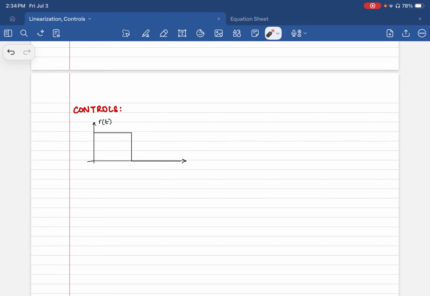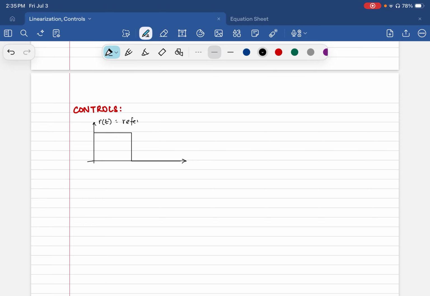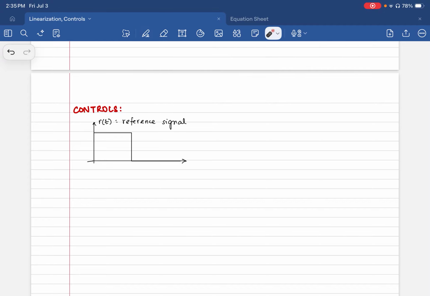Let's say your output variable is x of t, and this signal here is called the reference signal. This is what we want our x of t to be. So we know that if the system does this kind of behavior, then we are achieving some reward or we are achieving our goal.